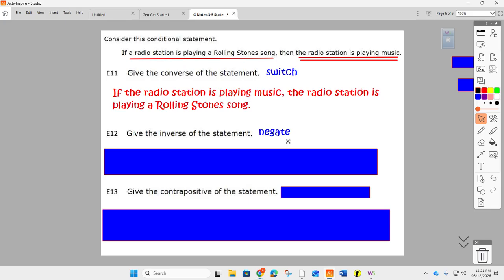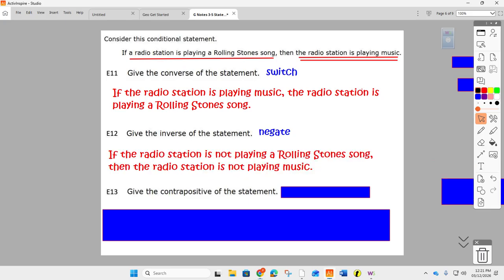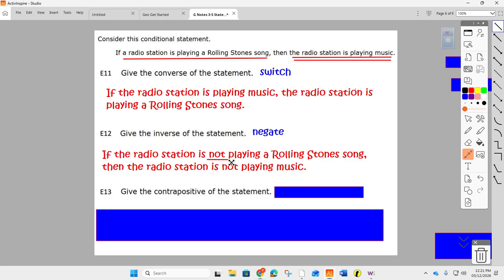But the hypothesis and the conclusion stay in the same order. So here, the hypothesis is going to have "not" in it. If the radio station is not playing a Rolling Stones song, then the radio station is not playing music. So both are negated, the hypothesis and the conclusion.